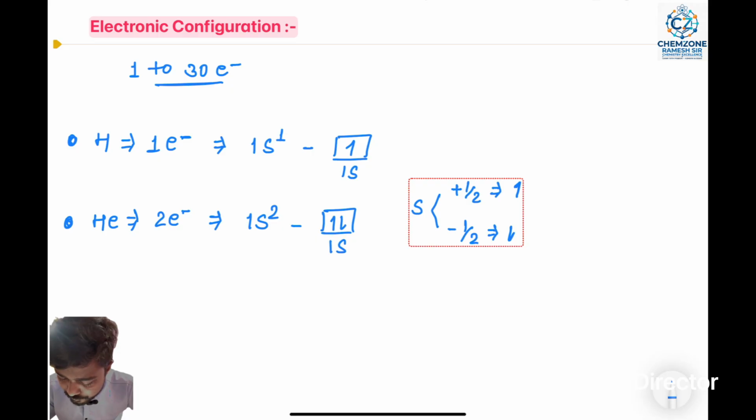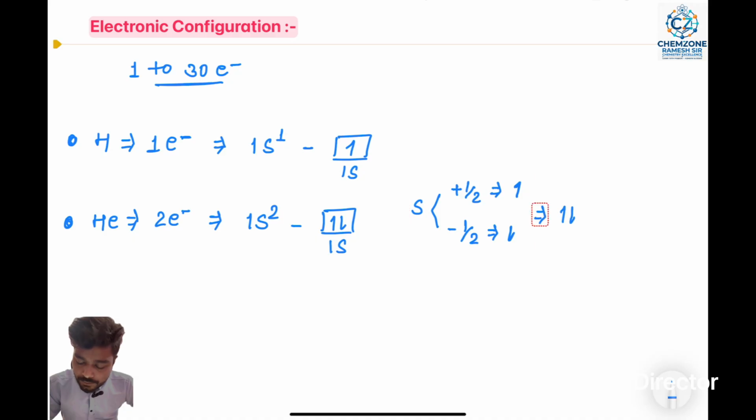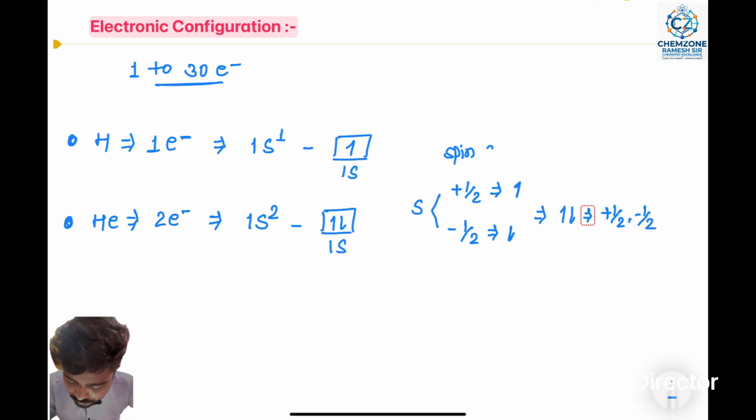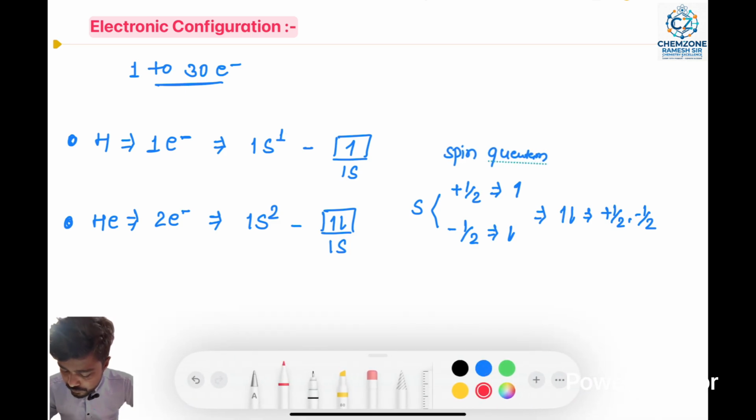Both clockwise and anti-clockwise are present, so plus half and minus half are the values of the spin quantum number.